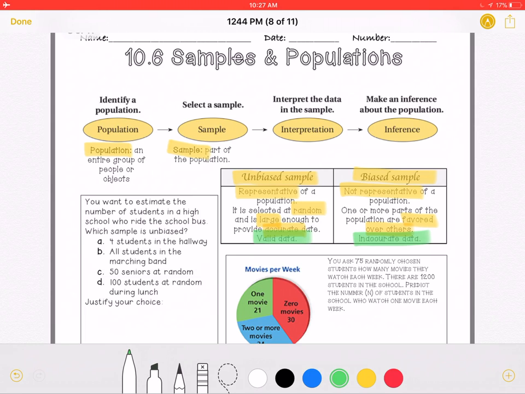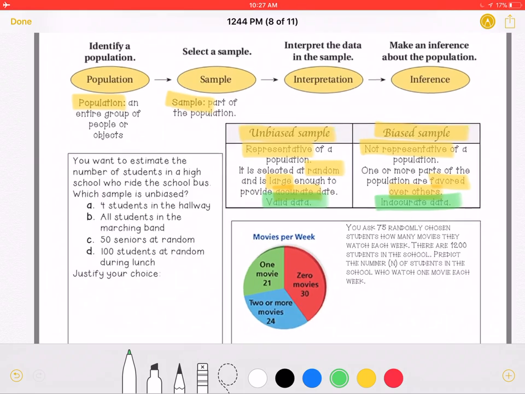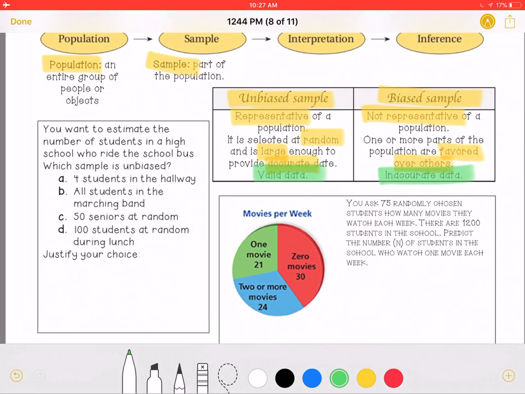So let's take a look. You want to estimate the number of students in a high school who ride the school bus. Which sample is unbiased? If we're looking for an unbiased sample, it's a random sample that we randomly pulled, and it's also large enough.